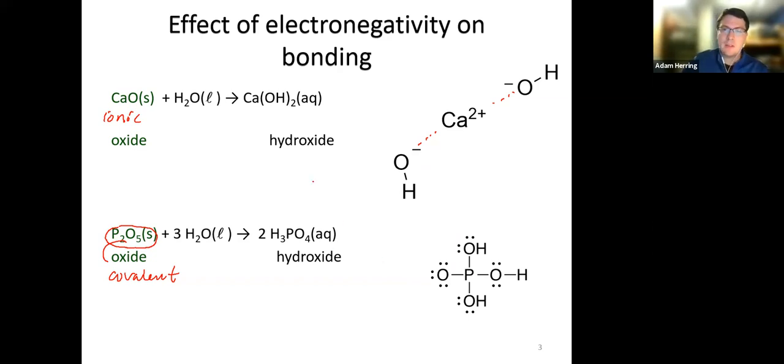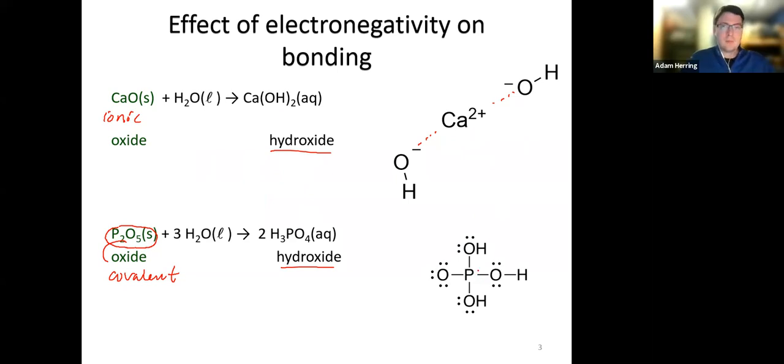And so the hydroxide present here is a covalently bound hydroxide. It's still sharing the electrons, but with the phosphorus. So in both cases, we have hydroxides, where we have the OH group, but they can have ionic interactions or covalent interactions. And this is all due to the differences in electronegativity arising between the calcium and oxygen versus the phosphorus and oxygen.